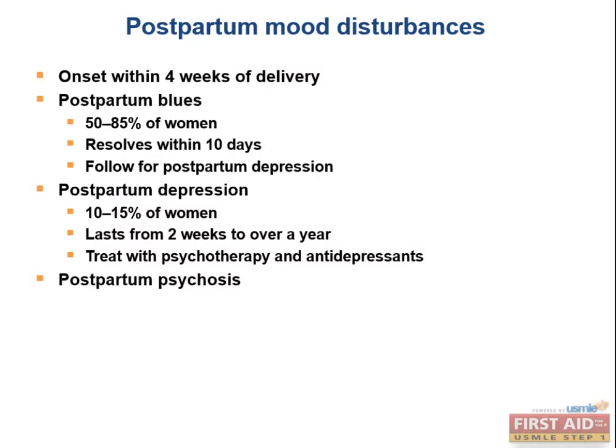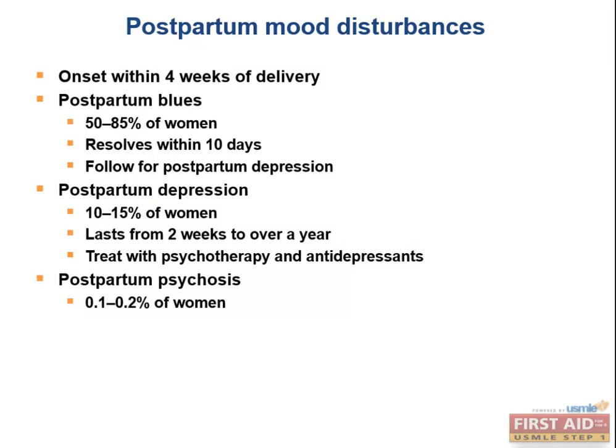Postpartum psychosis is a much more serious clinical entity, though it's uncommon, and it's only seen in 0.1 to 0.2% of women. And it's characterized by sometimes homicidal or suicidal ideations or attempts, and the patients also have delusions.